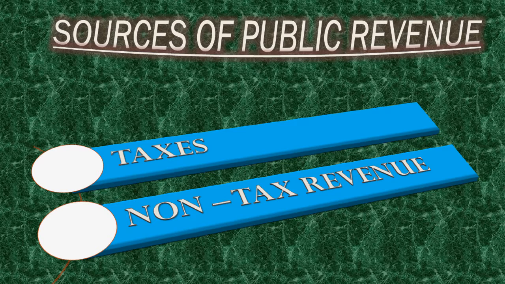In our last video, we have studied the two main types of taxes, which are direct tax and indirect tax. Today, let us study about non-tax revenue as a second source of public revenue.